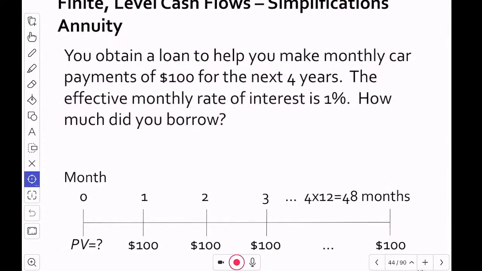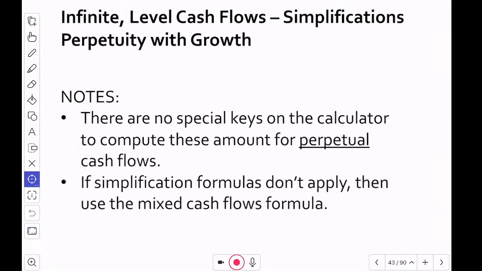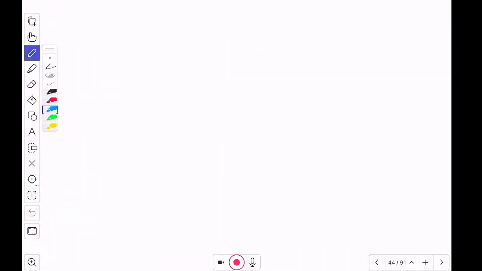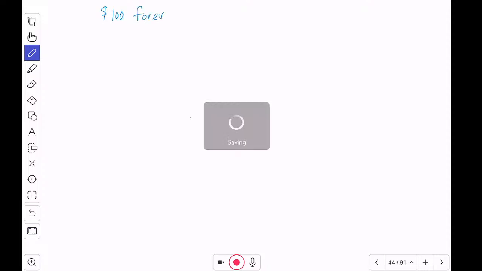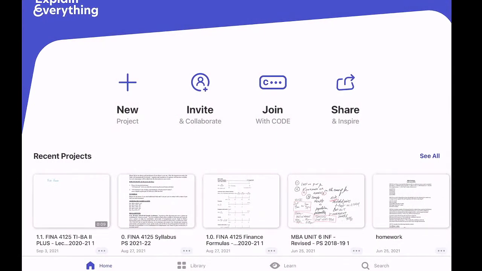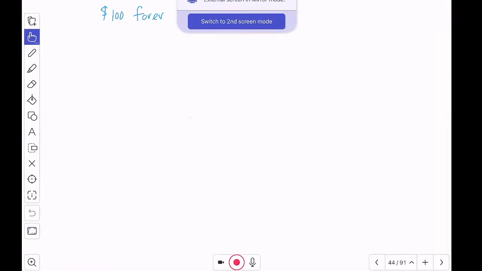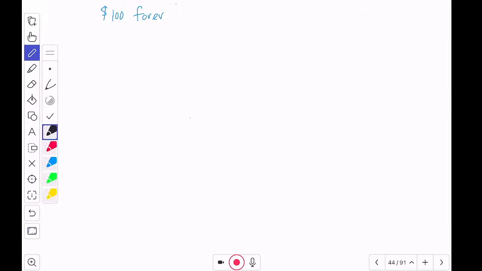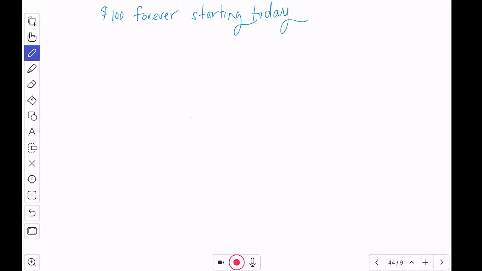So here is, no, this is an annuity. So somebody asked me, let's do two modifications. So I'll say modifications.